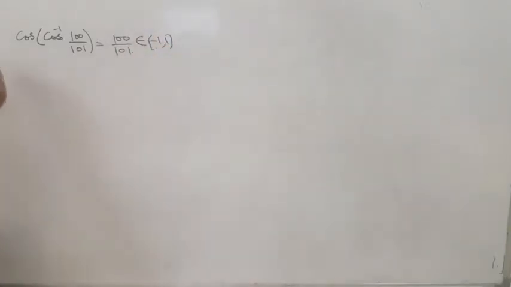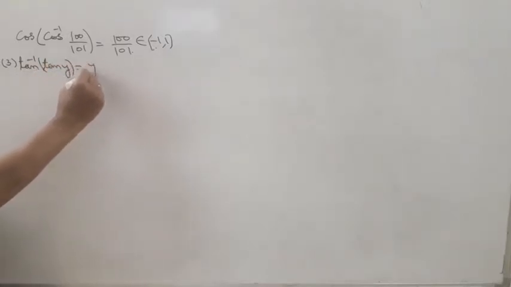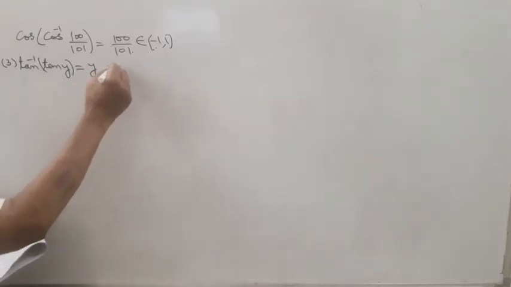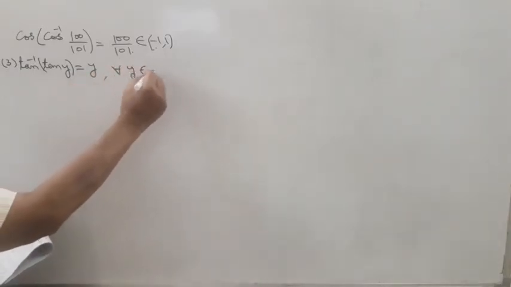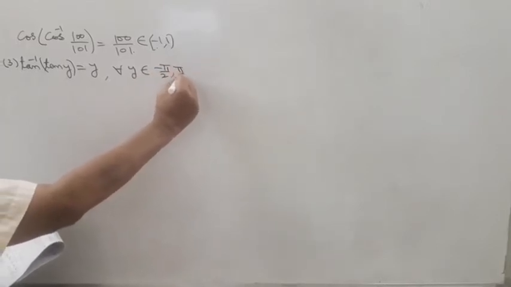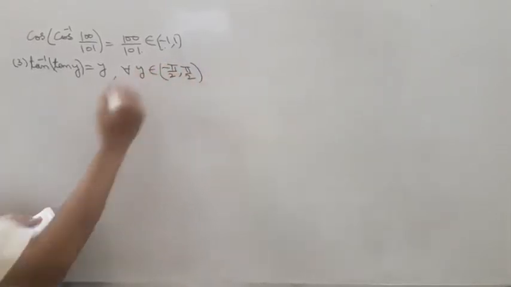Now the third case, after sine and cos, is tan. Look at the third property: tan inverse of tan y is equal to y for every y belonging to minus pi by 2 to pi by 2 open interval.